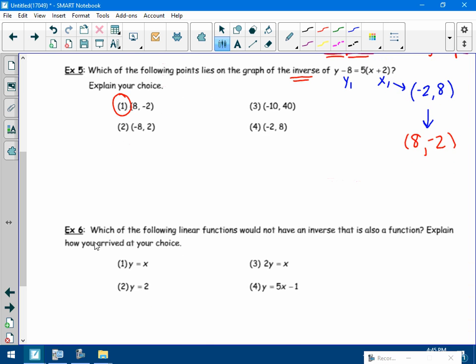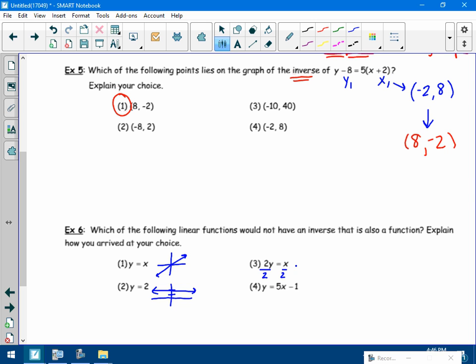Okay, last one. Which of the following linear functions would not have an inverse that's also a function? Explain how you arrived at your choice. All right, well, y equals x looks like that. y equals 2 looks like that. 2y equals x, that's a little tricky maybe.